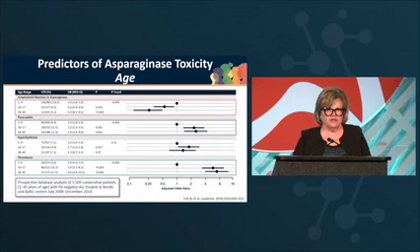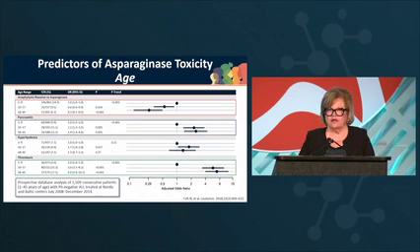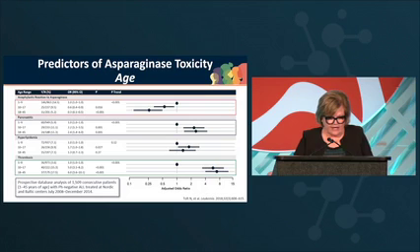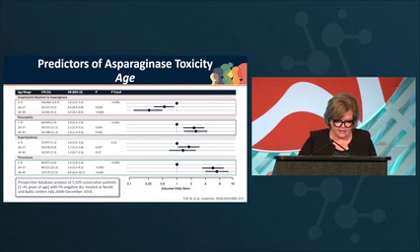So it's really interesting to look at the prevalence or the predictors of asparaginase toxicity, and what are some of the factors that you as nurses may think, oh, this patient's at risk. Here we have it broken down by age, and we can see that anaphylactic reaction to asparaginase is more likely to happen in our younger patients.